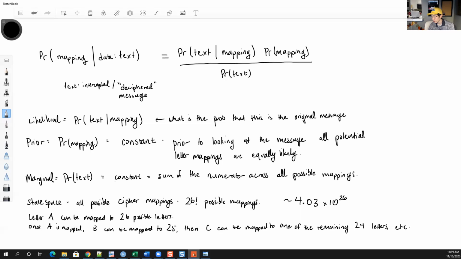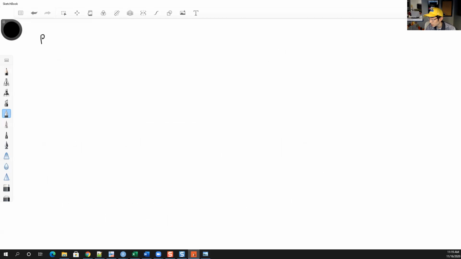All right, and so what we're saying is that the mapping prior and the text marginal are both constants, and so the posterior can just be evaluated. The posterior distribution, the probability of our mapping given the text, is equal to the probability of the text given the mapping times a constant.